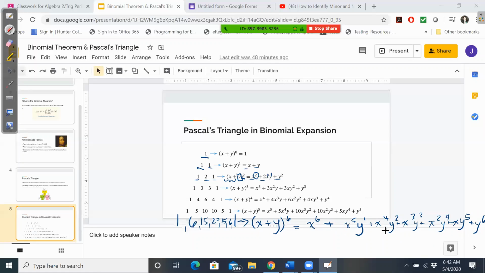So you see how your exponents for the first term are decreasing: 6, 5, 4, 3, 2, 1. And then for your second term, it's increasing. So it's 1, 2, 3, 4, 5, 6, right?